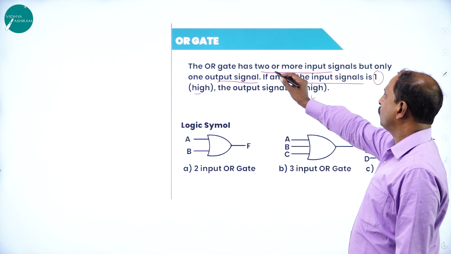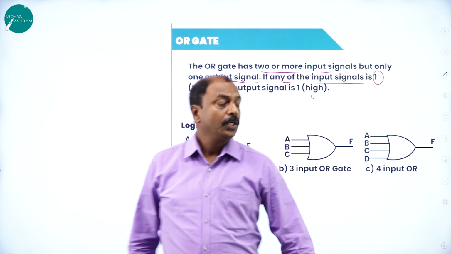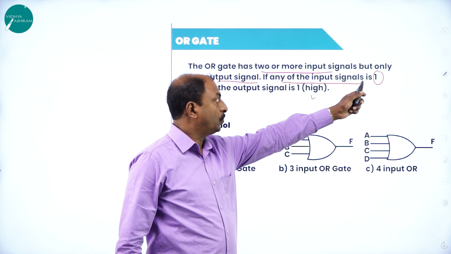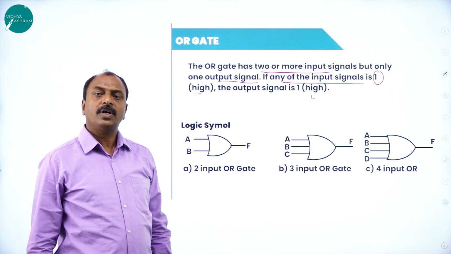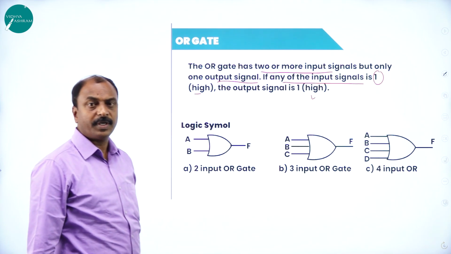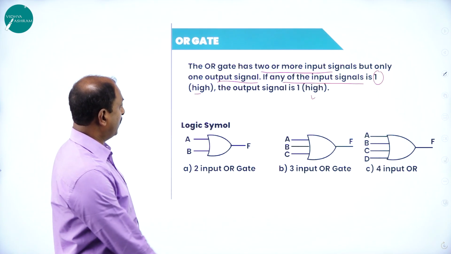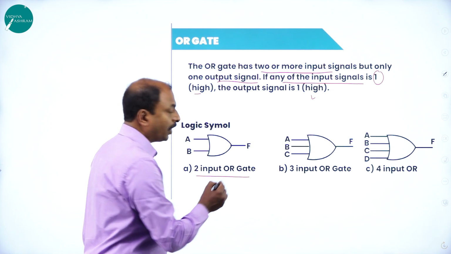There are two or more inputs here. So if in the combination there are two ones, where 1 stands for high and 0 stands for low, then the output signal is high. That's the definition. Now let us see the logic symbol of this. This is a two input OR gate.